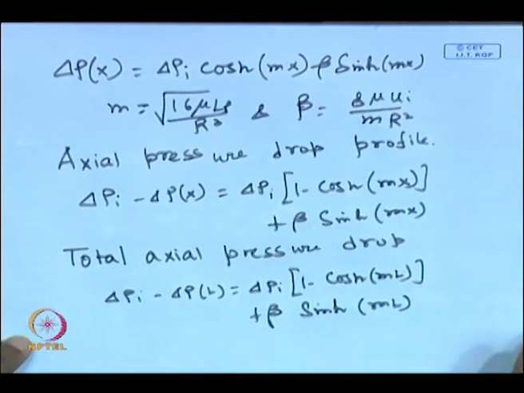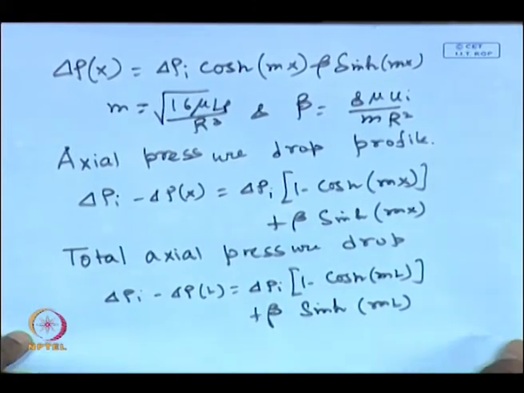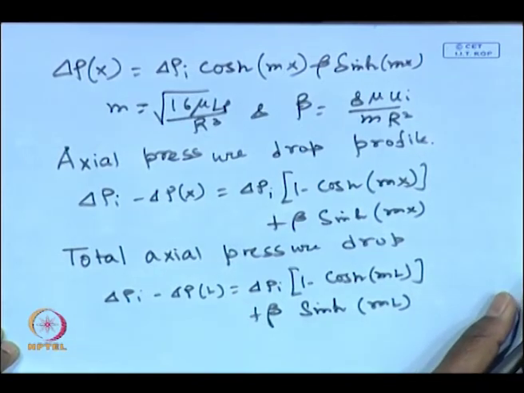Since you know the pressure drop profile, one can go to the expression of permeate flux, that is J is equal to Lp delta P. Since we know delta P as a function of x, one can get the permeate flux as a function of x.